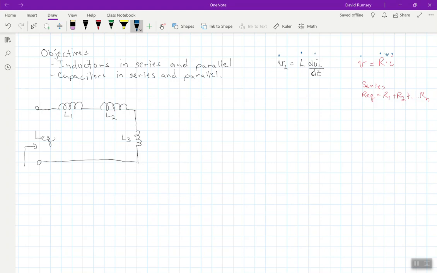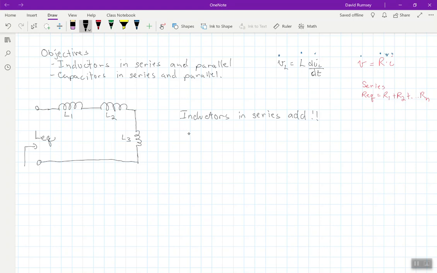And if you go back in the videos on how we showed that resistors in series add, it's going to be the exact same argument here. And so what we wind up getting is that inductors in series add.